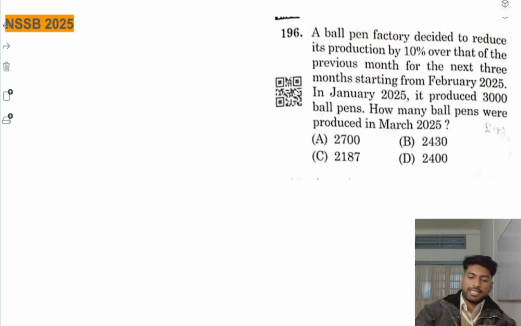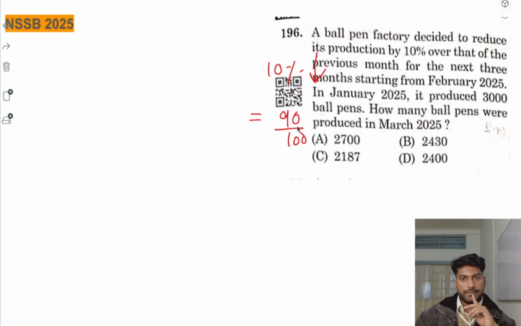Now I have to reduce the production by 10% for 3 months. 10% reduce means now the production will be 90 upon 100. Did you understand? If I'm reducing the production by 10%, the production will be 90% out of 100. Earlier it was 100, now it will be 90. In January I was producing 3000, and over 3 months it is 90 by 100.